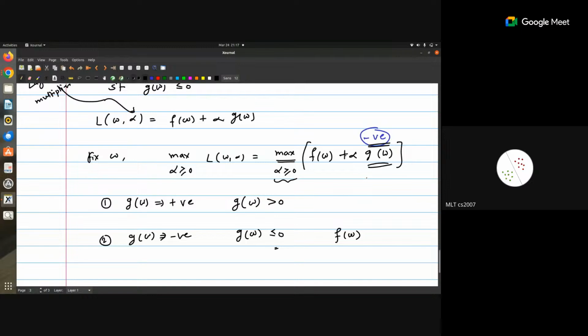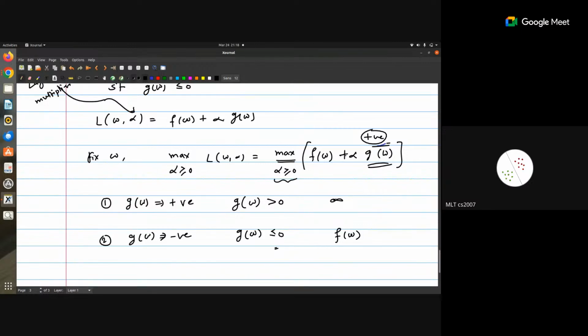So the maximum value will occur at f of w. And if g of w is positive, then it is infinity, because alpha can take any value greater than 0. So alpha can go to infinity, and overall the maximum value will be infinity. Fine. So these are the two extreme conditions, right?